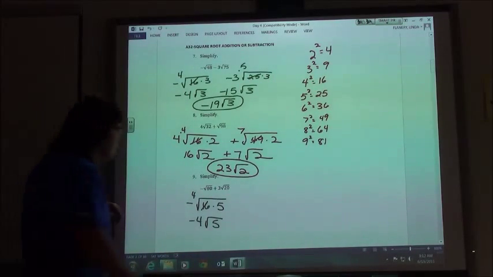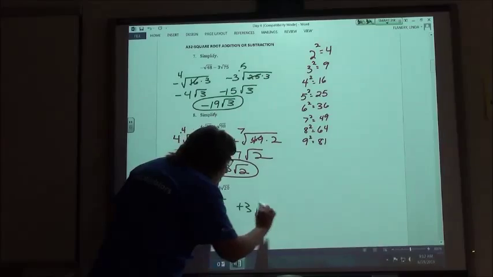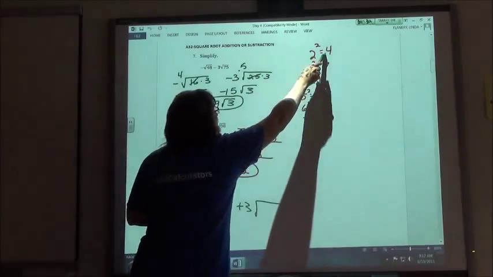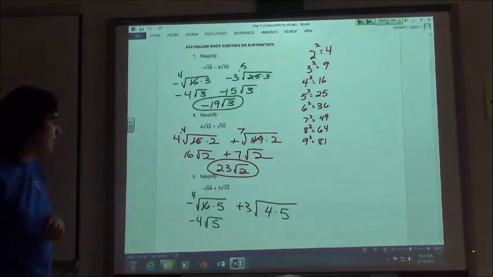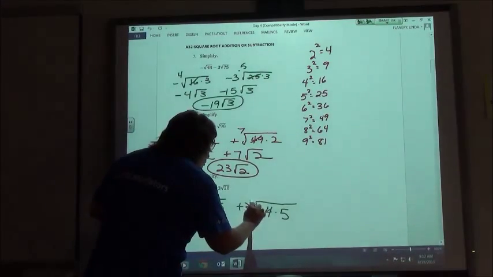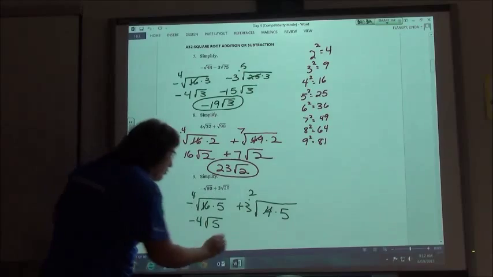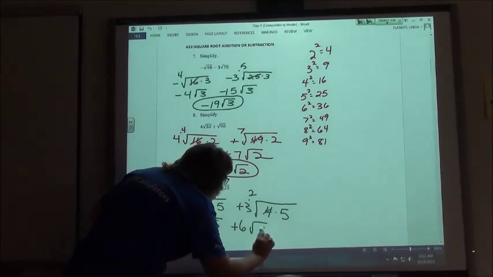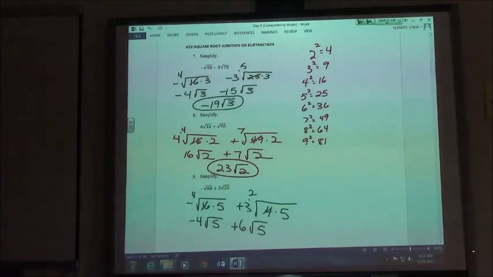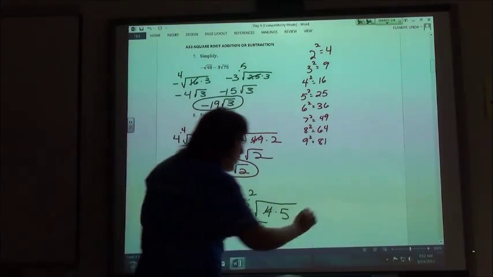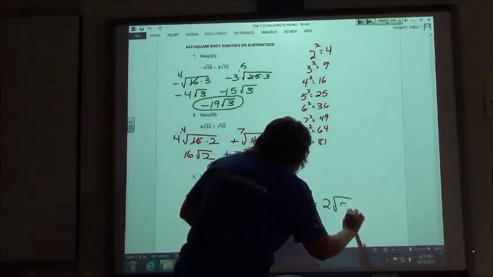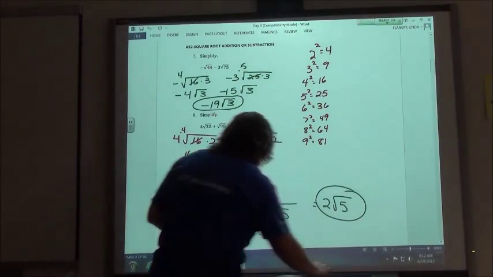Then I have plus 3 square root of 20. 20. 4 is the biggest perfect square that goes into 20. 4 times 5. So the square root of 4 is 2. 2 times the 3 in front gives me plus 6 square root of 5. Negative 4 plus 6 gives me 2 square root of 5 for my answer.